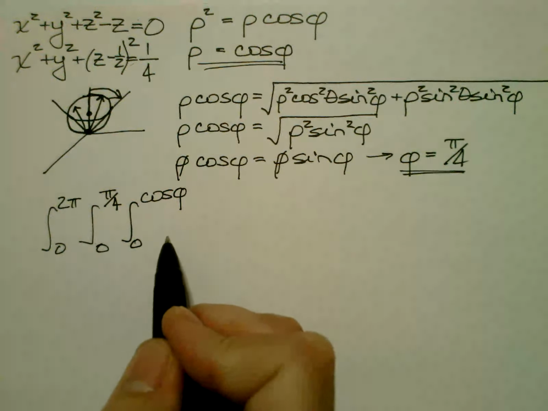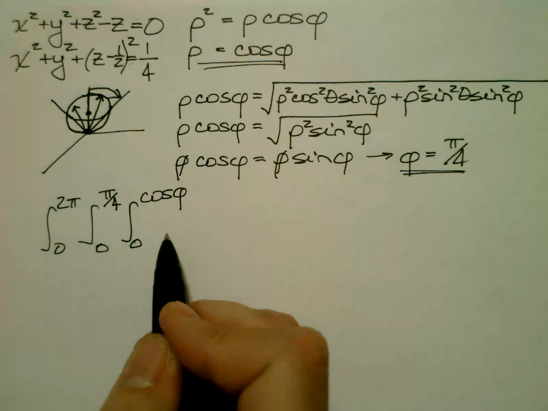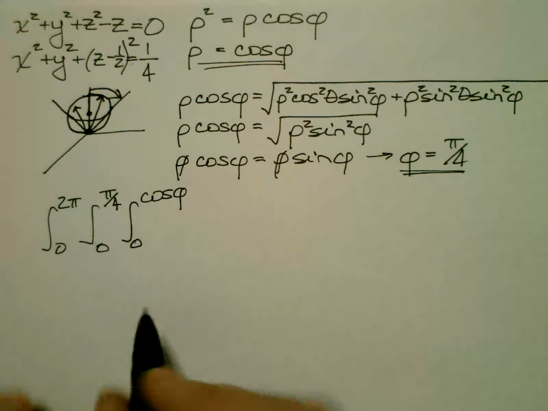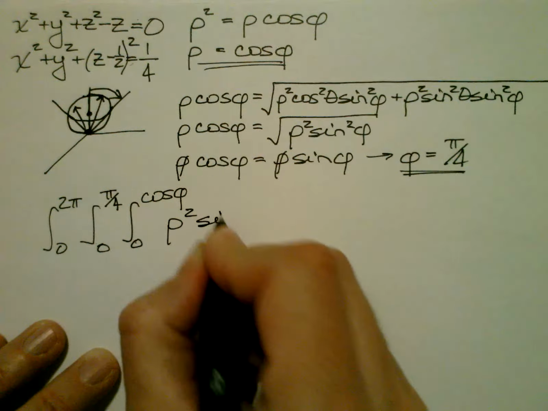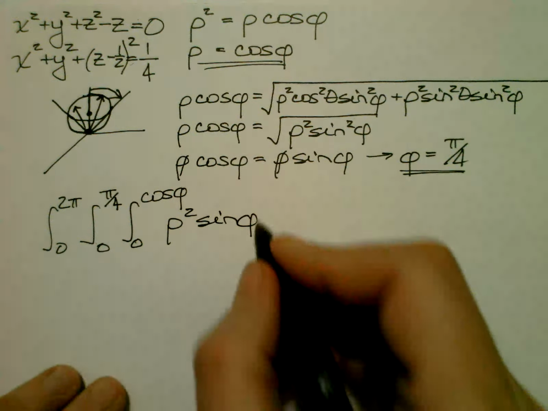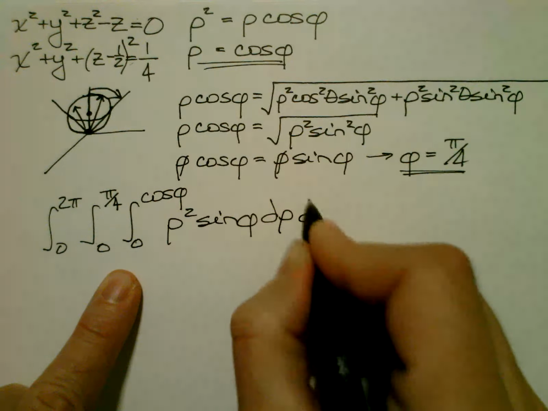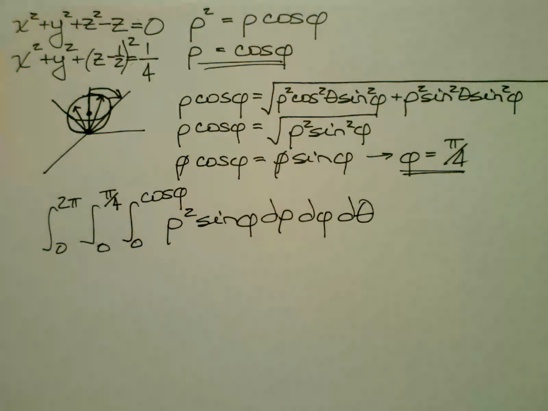If I'm in xyz land, to find a volume, I'm going to use 1 as my integrand, 1 dx dy dz. In spherical land, that translates to rho squared sine phi d rho, make sure my order matches, d phi d theta, and we're set and ready to integrate.